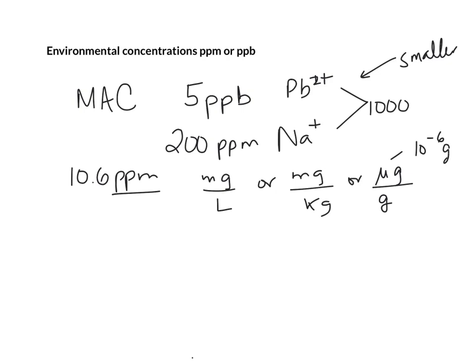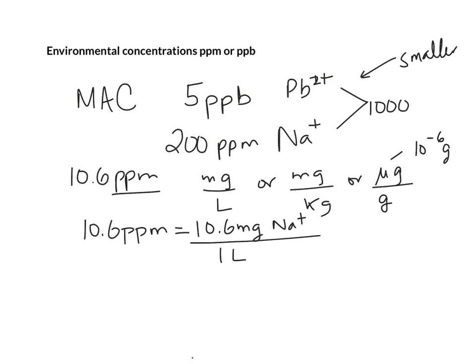So 10.6 parts per million would be 10.6 milligrams of sodium for every 1 liter of water. So all you do is change the ppm to milligram per liter or milligram per kilogram. This is dealing with drinking water, so they're going to be measuring in liters.